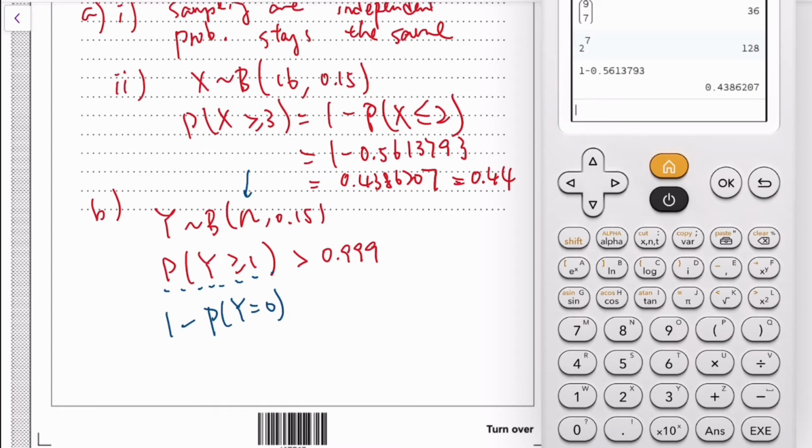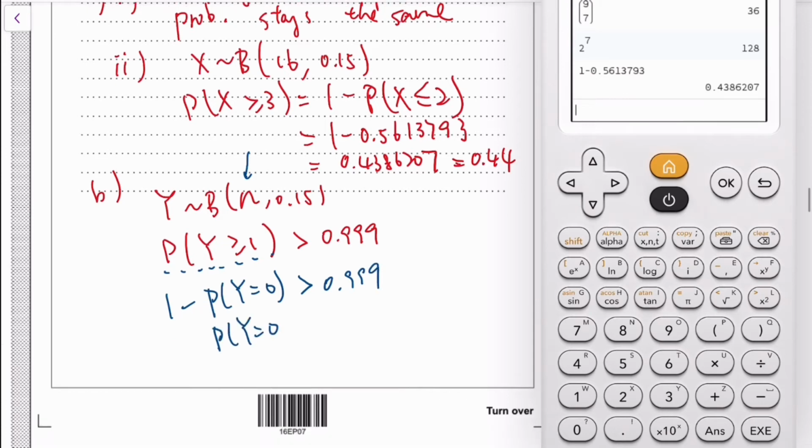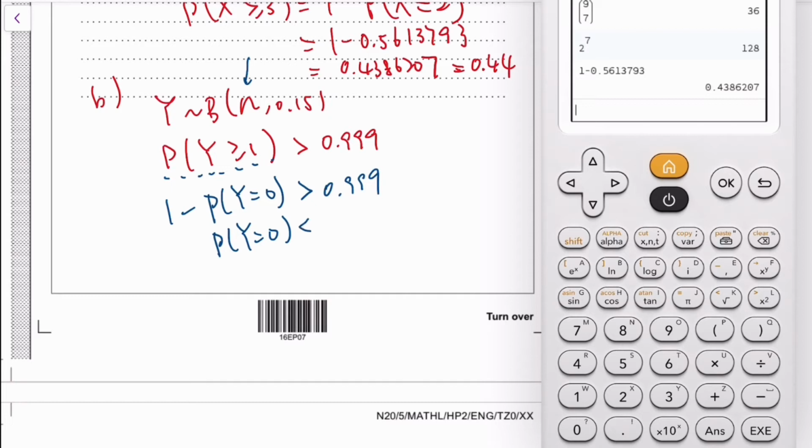So you want 1 minus the probability of y to be 0 to be bigger than 0.999. If you rearrange, that means you want the probability of y equal to 0 to be less than 0.001.